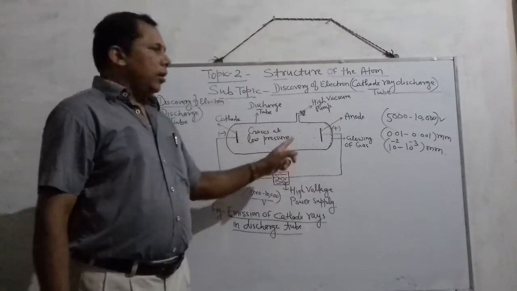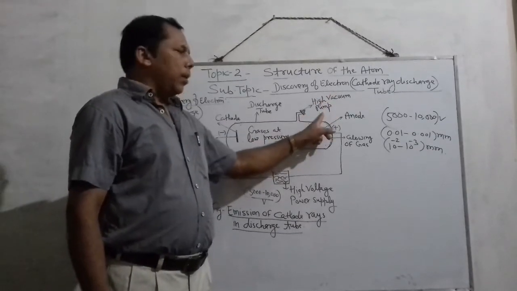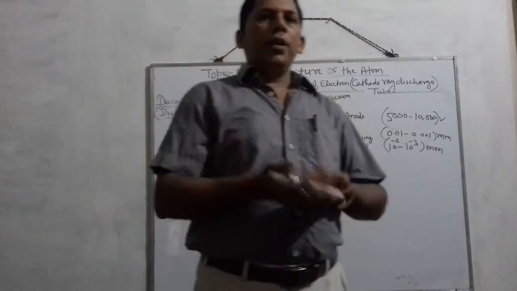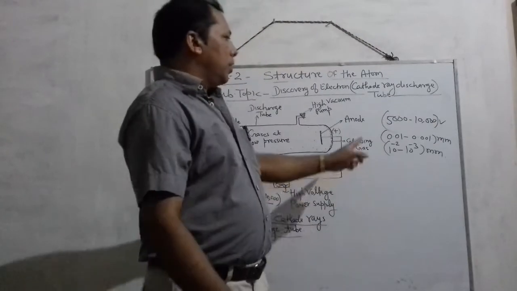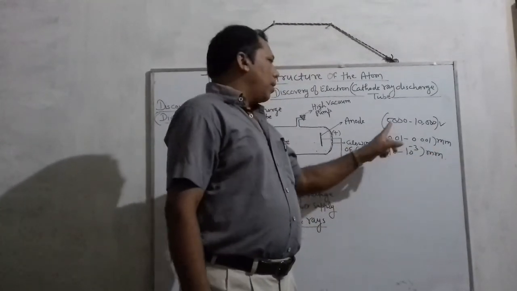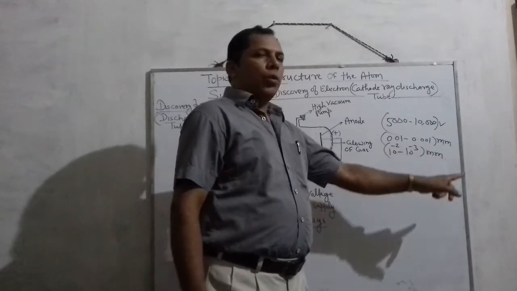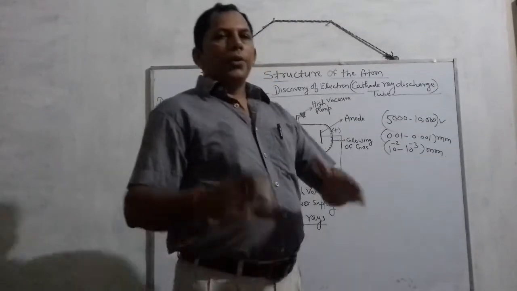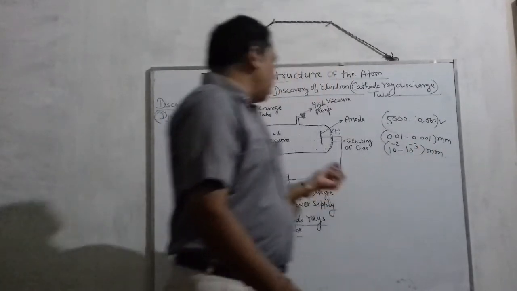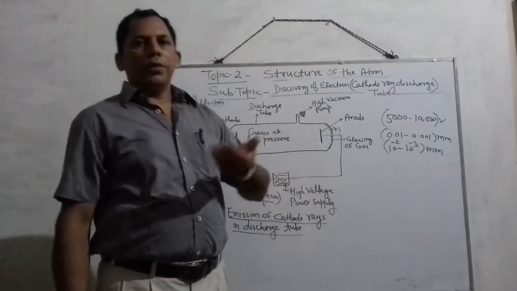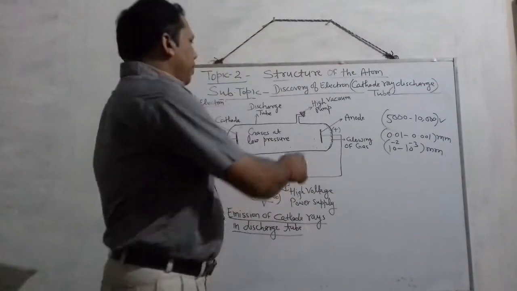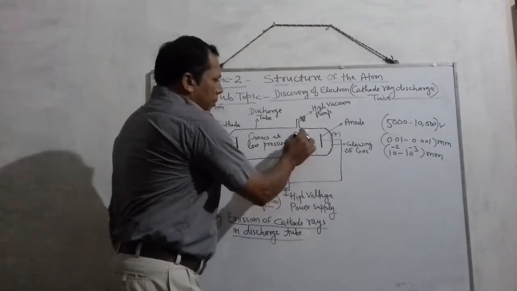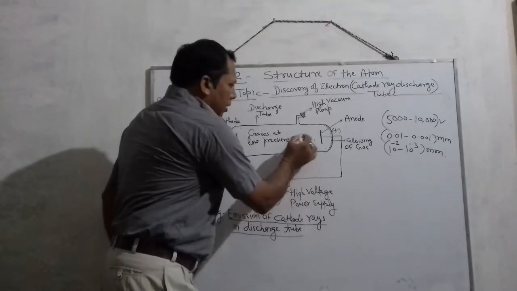This tube is connected to a high vacuum pump, and this pump has the capacity to reduce the pressure from 0.01 to 0.001 millimeter. The gas which we have to study or examine is filled inside the tube.